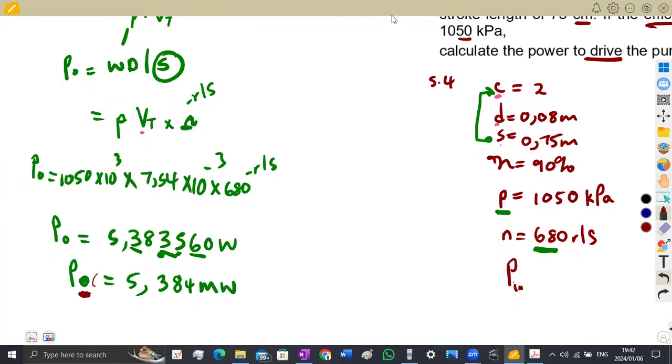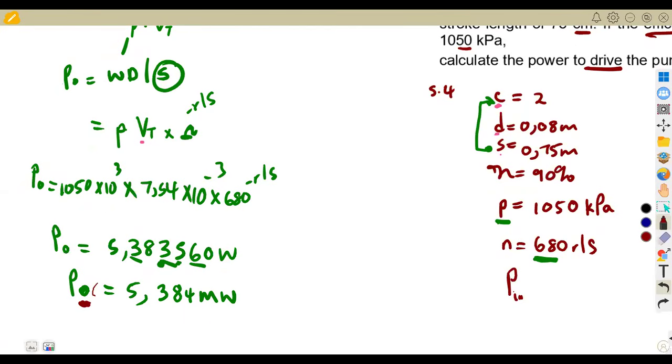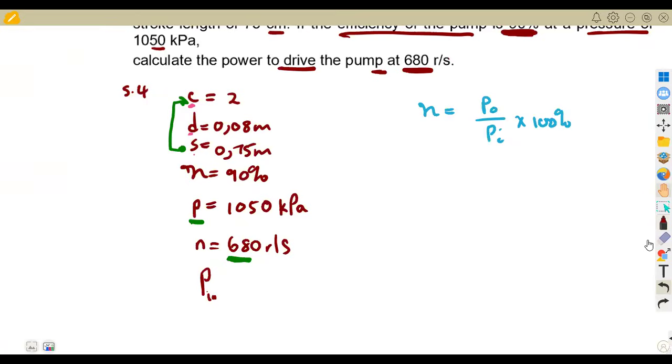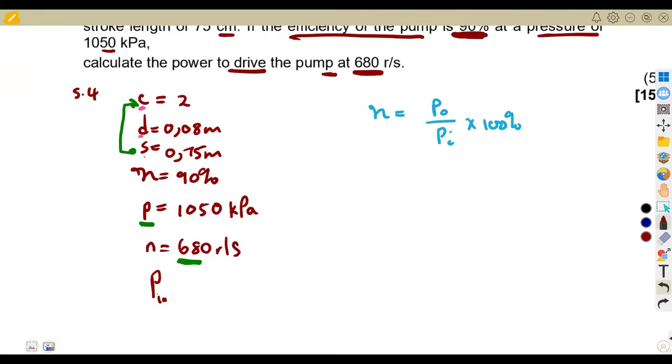Then we have to take this into consideration now, and to our efficiency, that is our formula here. I listed this formula before. So for our efficiency now, we have got 90%.